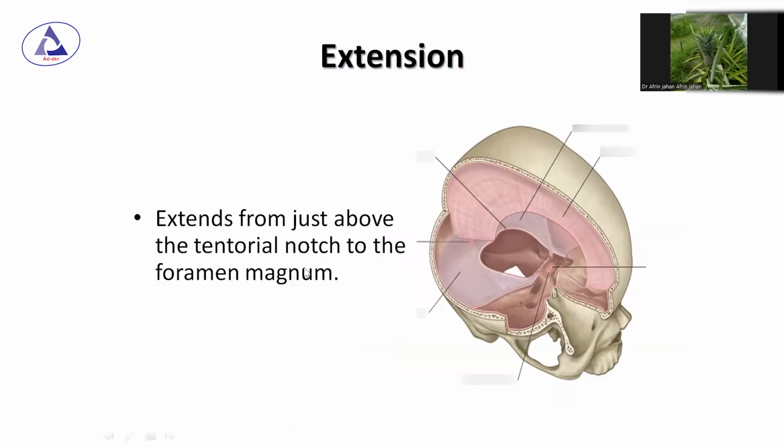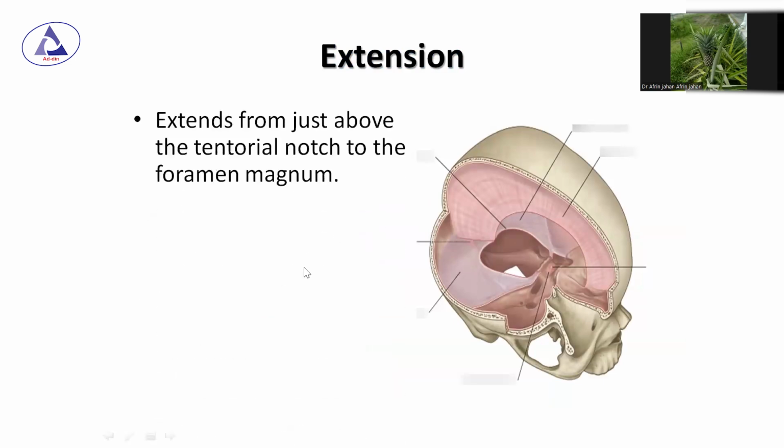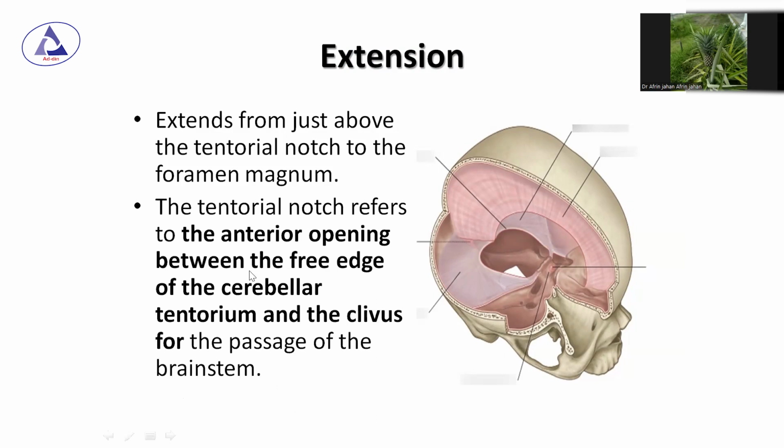Extension of the brainstem. Brainstem extends from just above the tentorial notch to the foramen magnum, just below the foramen magnum. What is tentorial notch? The tentorial notch refers to the anterior opening between the free edge of the tentorium cerebelli and the clivus, or the passage of brainstem.